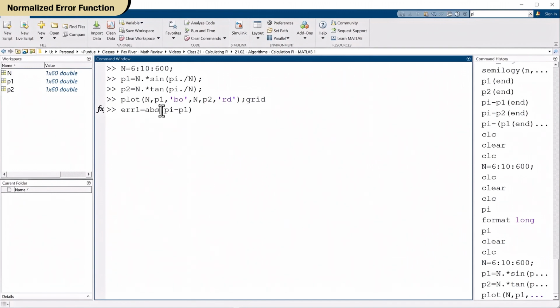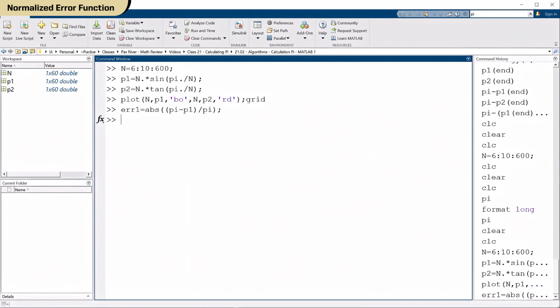Hang on, I'm going to need another set of parentheses here. There we go. Divided by pi. So that's the absolute value of the difference between pi and my estimate divided by pi. So that should be some really tiny number, ideally 10 to the minus bazillionth, I guess. So there's the error for the inscribed polygon.